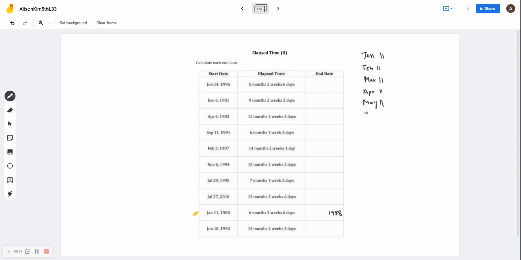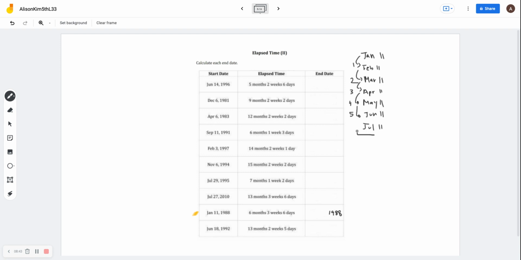And a month from May will be June 11th. Let's see if that's 6 months. So that's 1 month, 2 months, 3 months, 4 months, and that's 5 months. I guess we have to do one more. A month from June 11th will be July 11th.